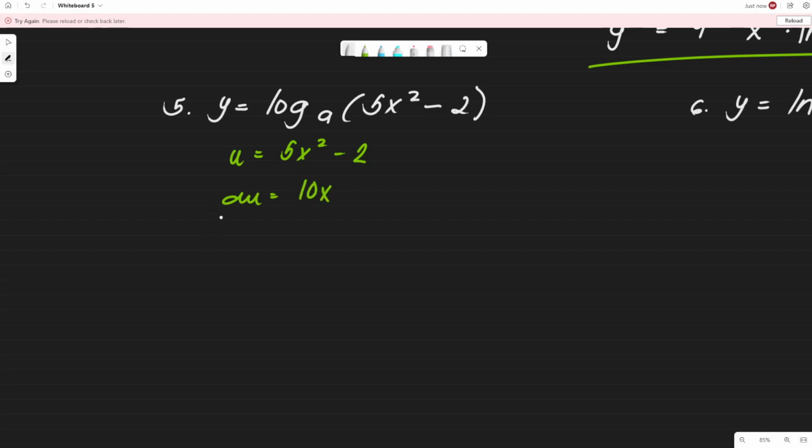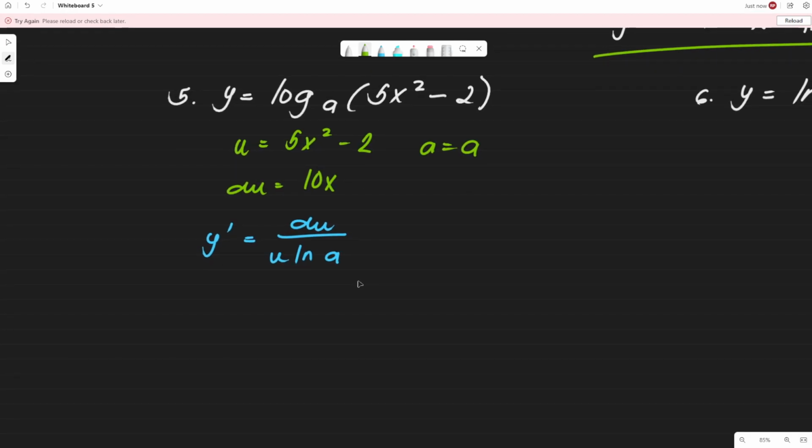So our formula again for the log, that is du over u multiply to ln a. So since wala naman tayong value ng a, 'di ba? A is equal to a. So as is na 'yon.